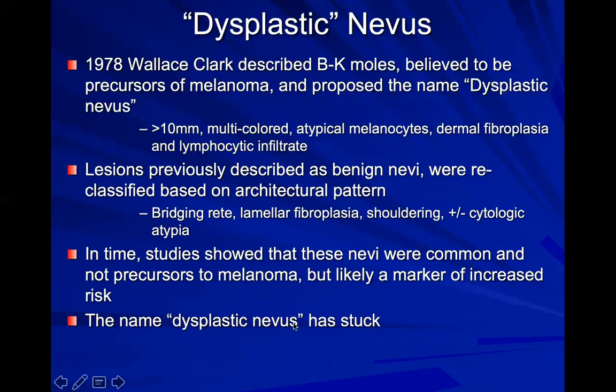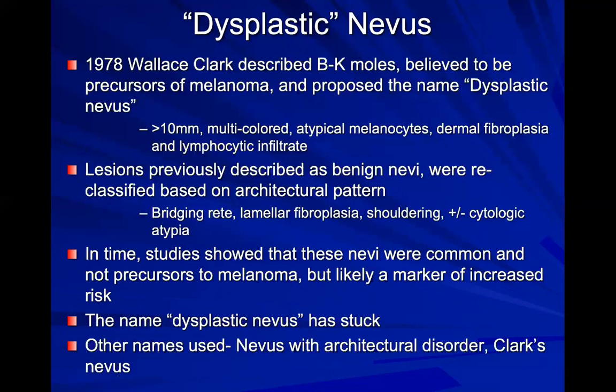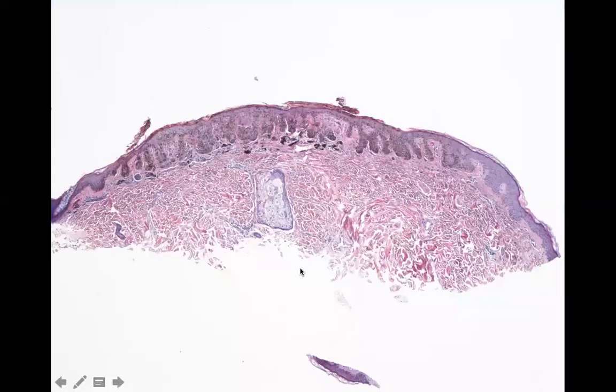Anything with this architecture has now come to be referred to as dysplastic nevus, so it confuses people. Other names that have been used are nevus with architectural disorder or Clark's nevus, but even Clark himself was kind of dismissing this process because he didn't think that these benign lesions that didn't fit all these atypical criteria should be lumped into this category.